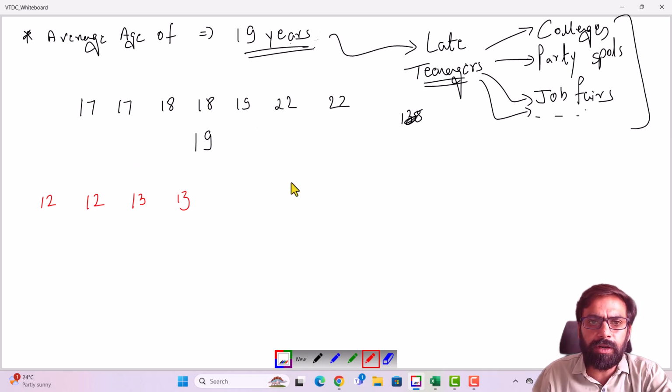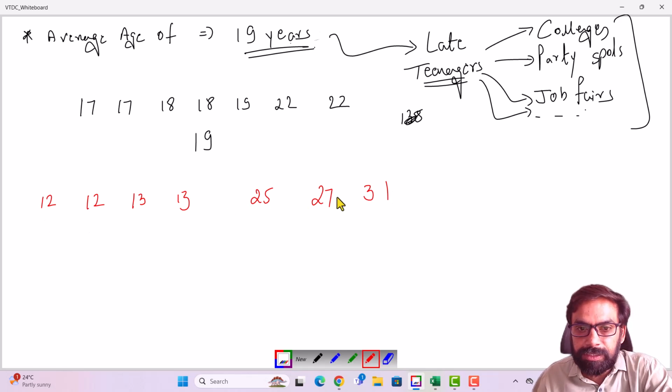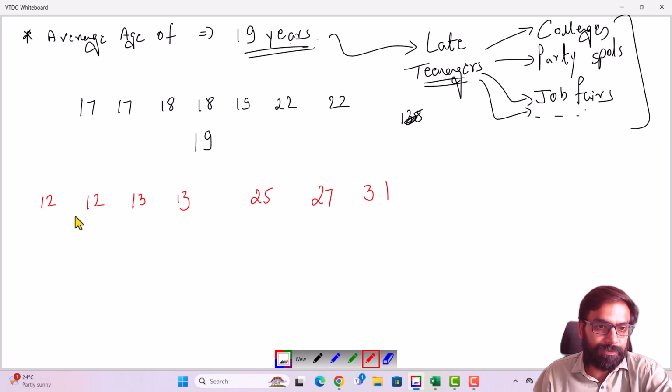So I'll just go for something like 25, and another, let's say 27, and this increased by 6, this increased by 5, 11, and I'll increase this by 9. It'll be 31. Now I'll be surprised to see that the average of these 7 quantities will also come out to be 19. Well, I hope so. 24, 26, 50, 75, 102 and 33. Correct. The average age of this group is also coming out to be 19.